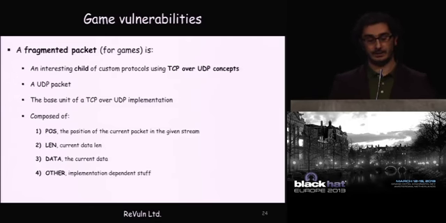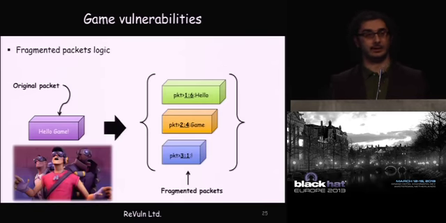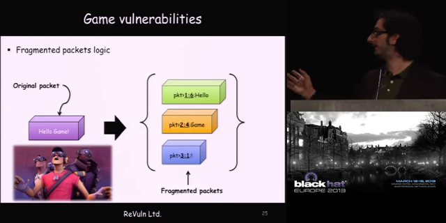The second field is the size of the data contained inside the current packet, and then we have the data itself. To get a better understanding of fragmented packets, please consider this slide. We have the original packet on the left, and then we have the fragmented implementation of this packet on the right.